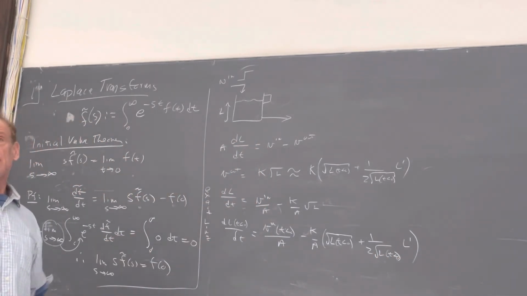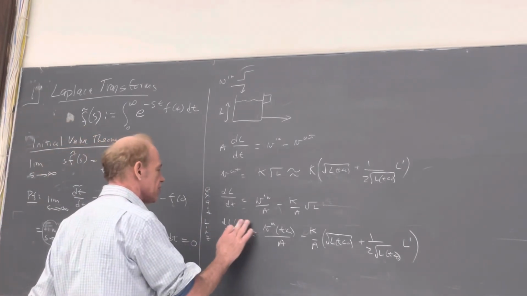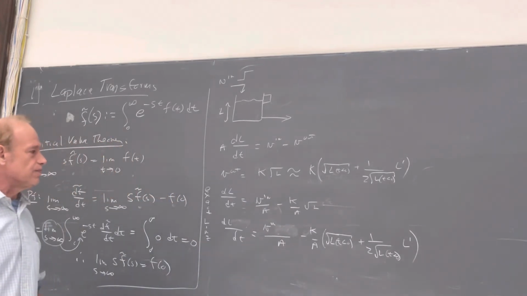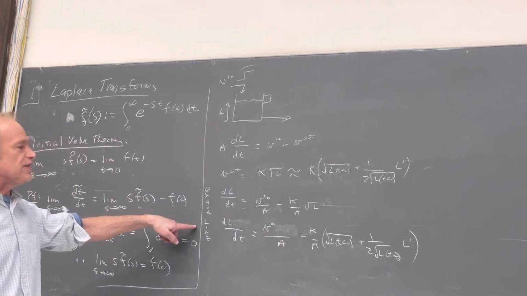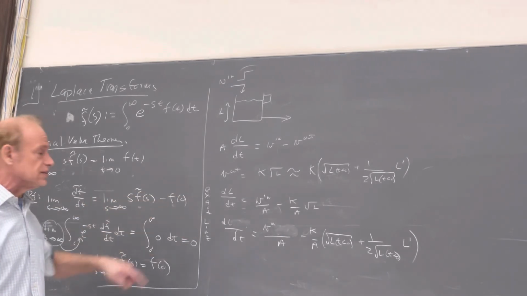I'm sorry, I should do this for t greater than 0. This is t greater than 0. This is the exact equation for t greater than 0, the linearized equation.